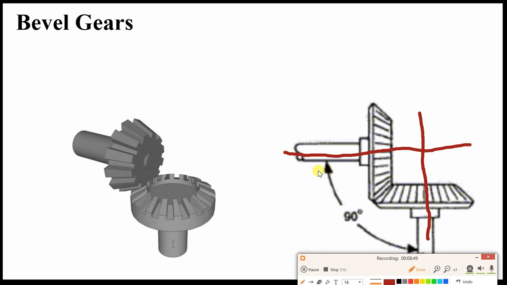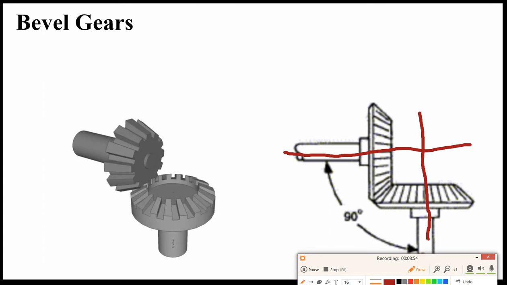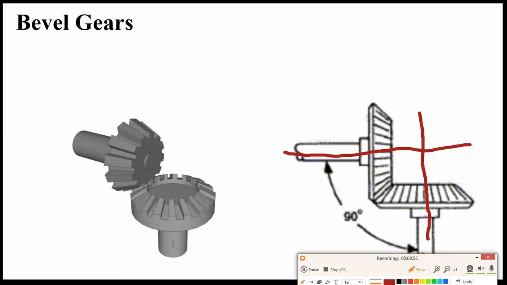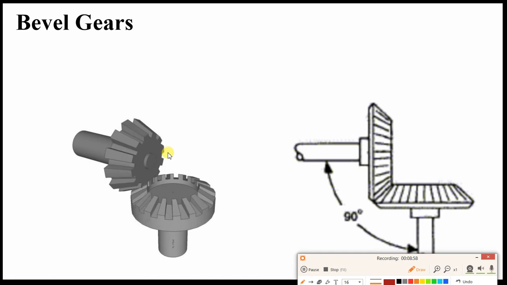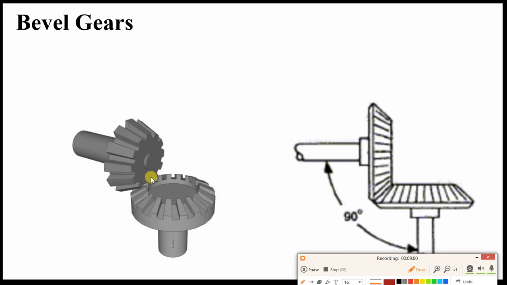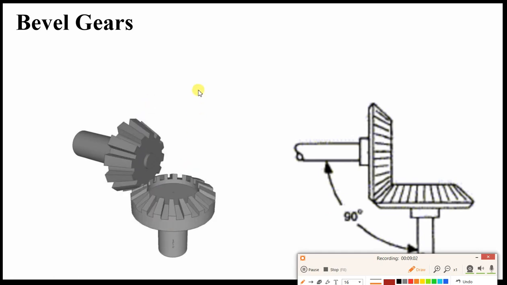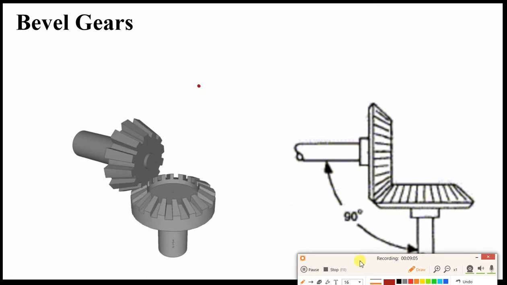When the axes of both gears intersect each other, it is called an intersecting axis gear, for example bevel gear.